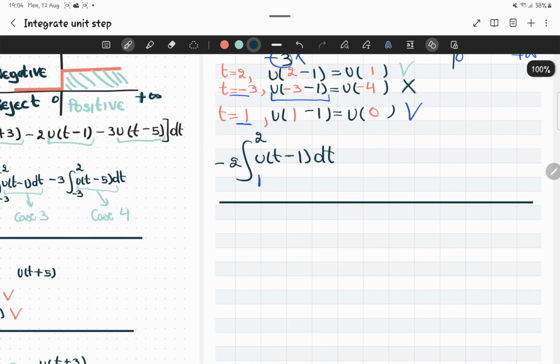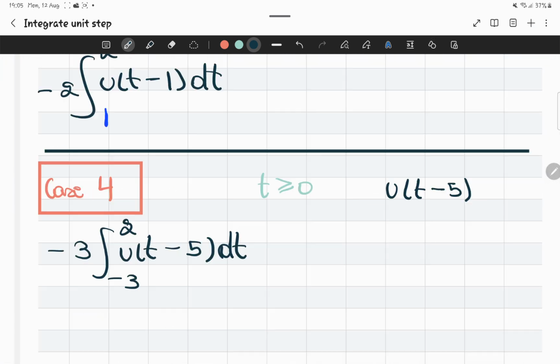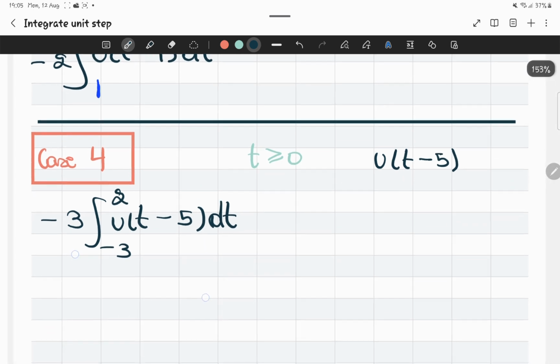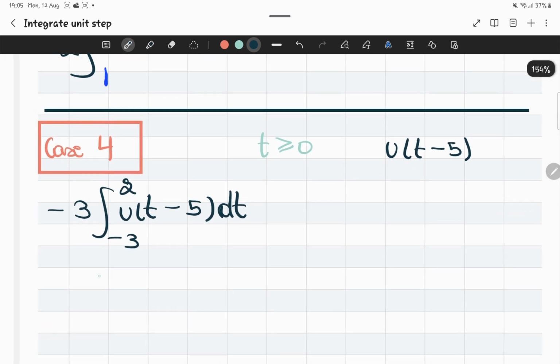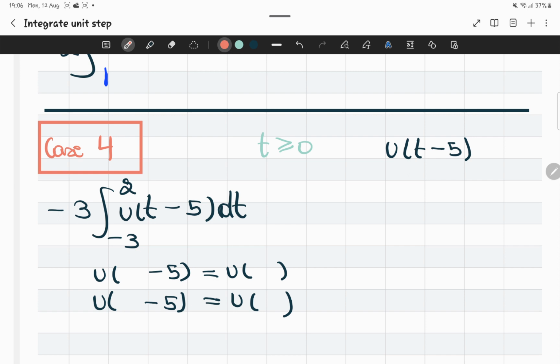Now the next case, case C. So now we have another example. It's going to be t minus 5, then t minus 3.